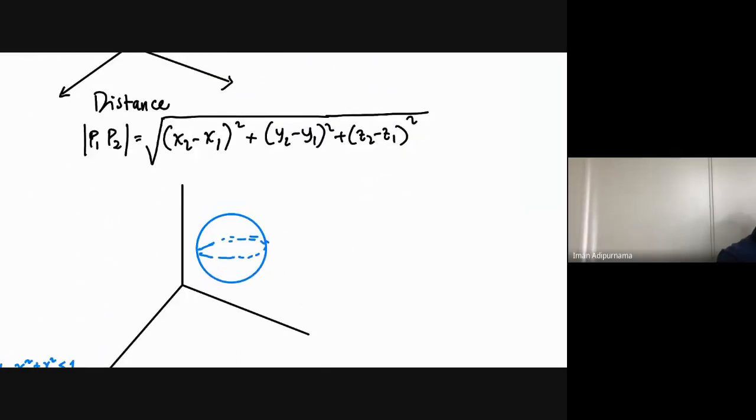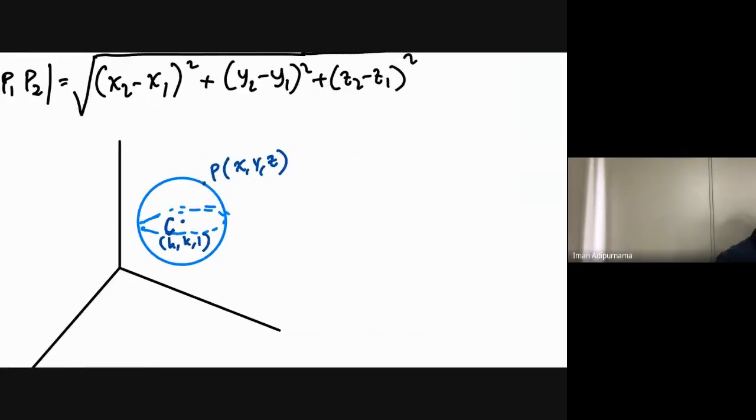This is the center of the sphere, let's say C, and one point on its surface is P. Let's say that P is x, y, z in coordinates, and C is in the coordinates of h, k, and l.